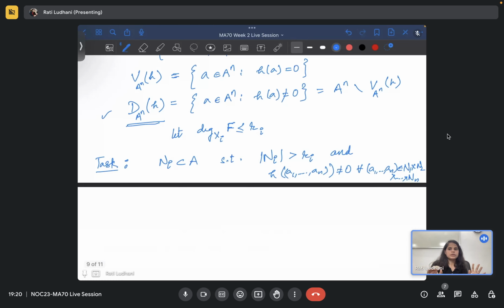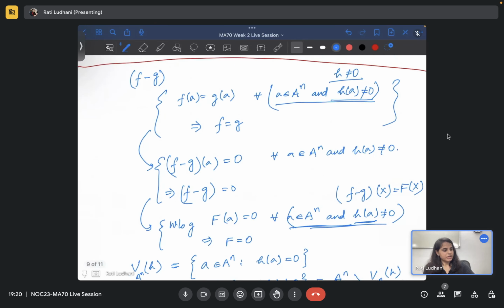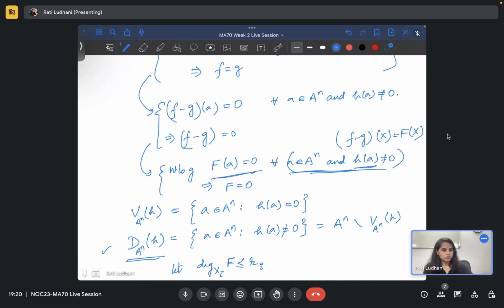From the identity theorem, if we can produce some n_i such that this condition holds, then capital F is 0 on those points where h is non-zero. That's what the condition says, right? So the condition says F is 0 on those points where h is non-zero.